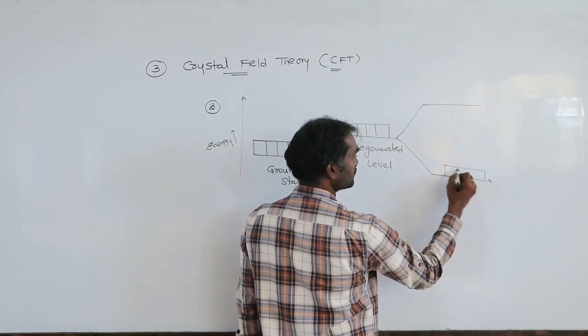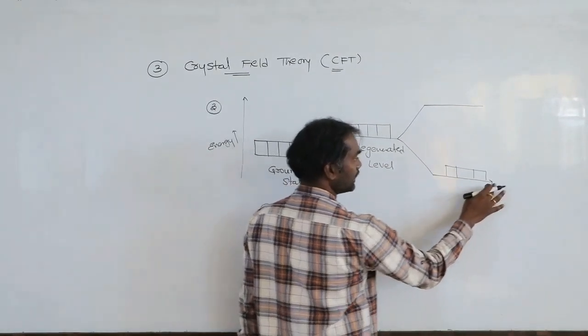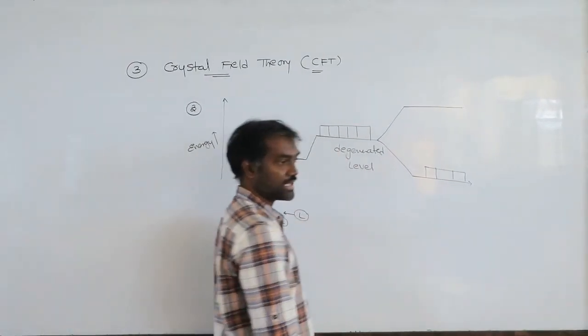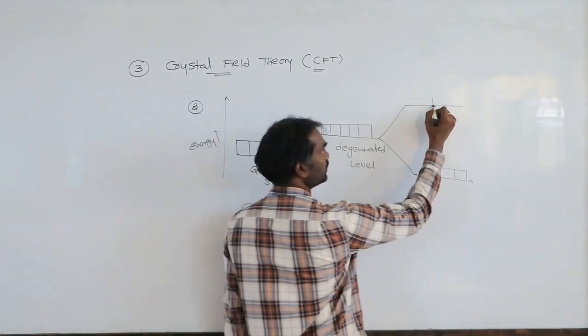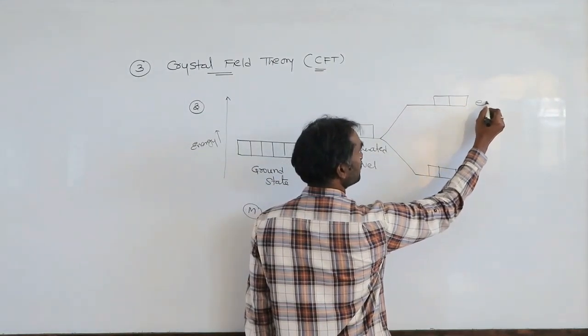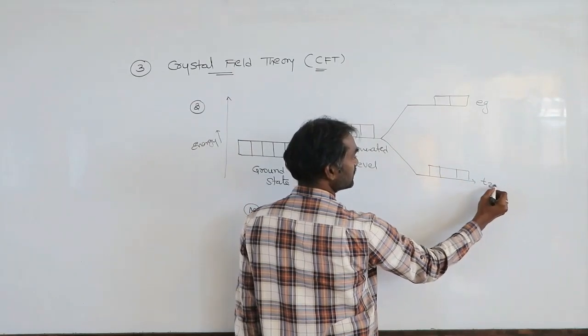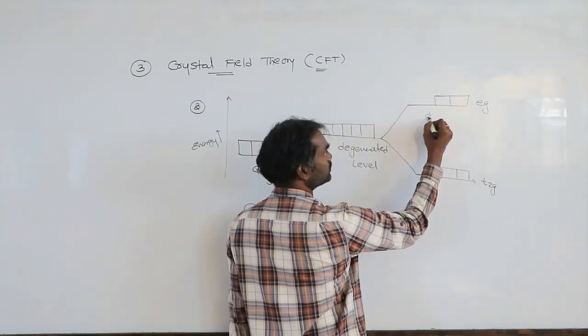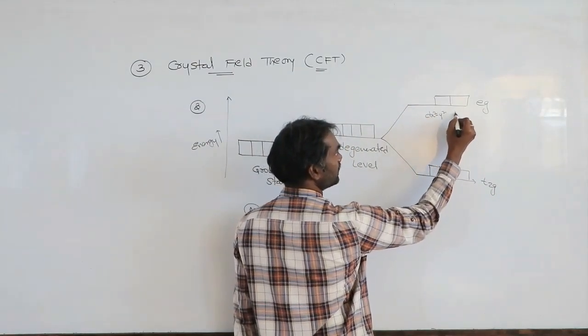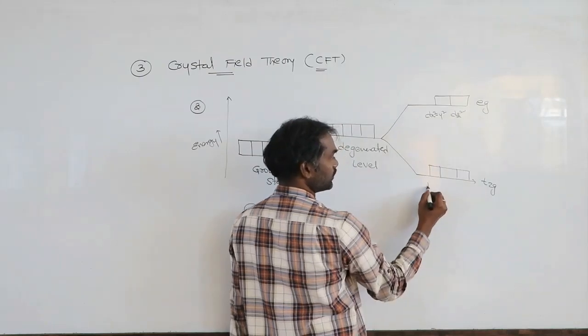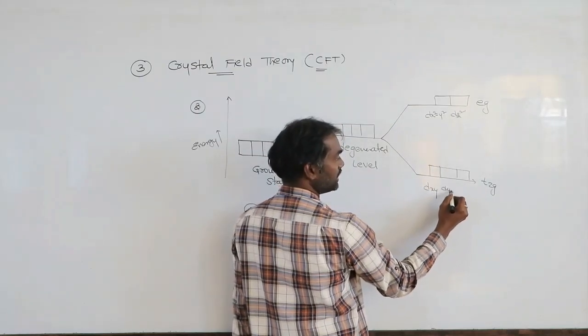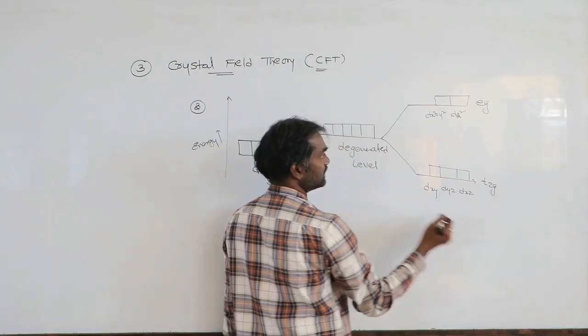Suppose the ligands are coming on the axis. Who is present on the axis? EG orbitals. So EG orbitals feel more repulsion and go above: dx square minus y square and dz square. Below are dxy, dyz, dxz.